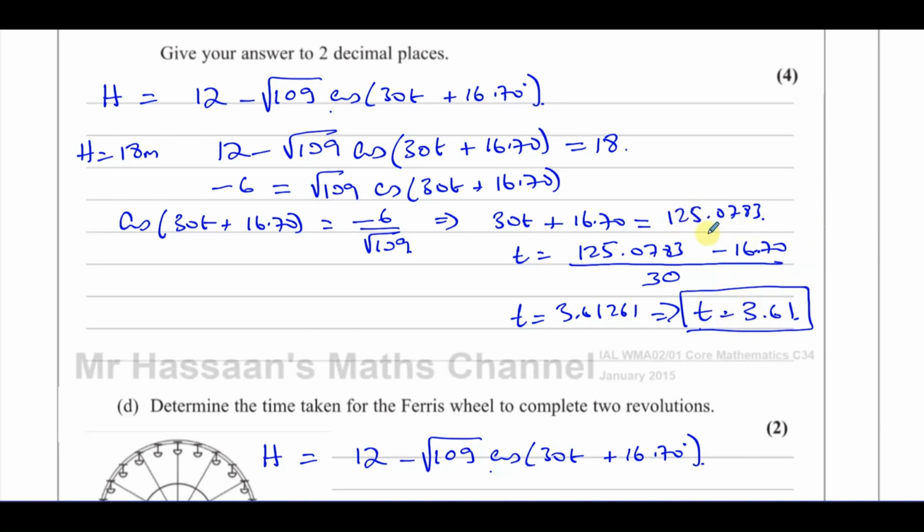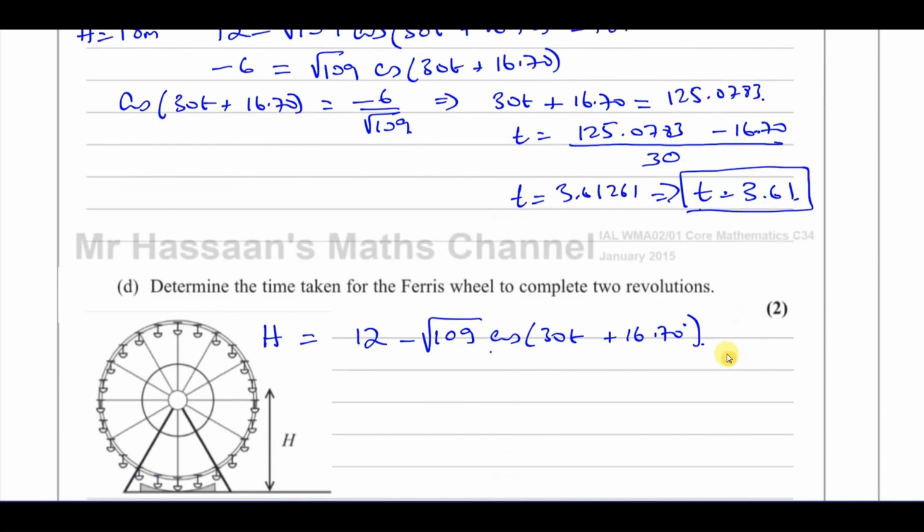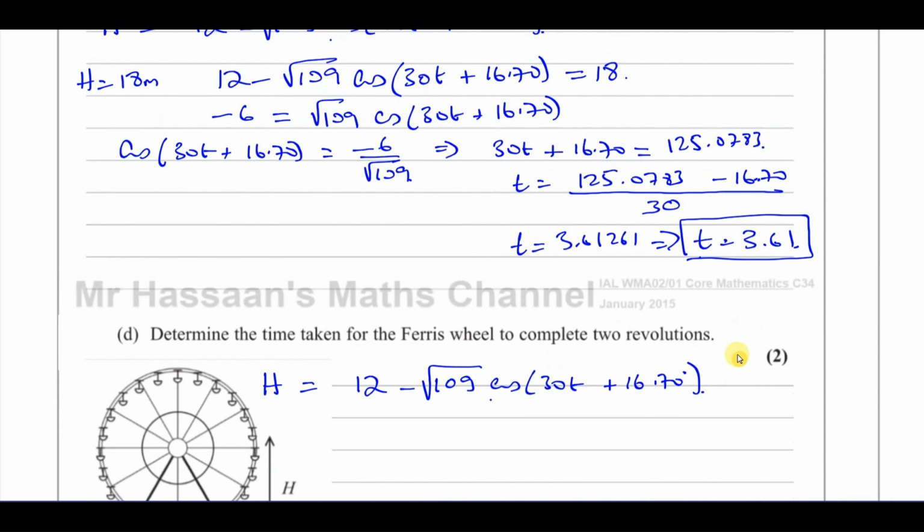Or you can find the first time, the second time, and the third time, and subtract the first from the third. That will be the time it takes for it to go through 2 revolutions. So that's what I would probably do in the exam.